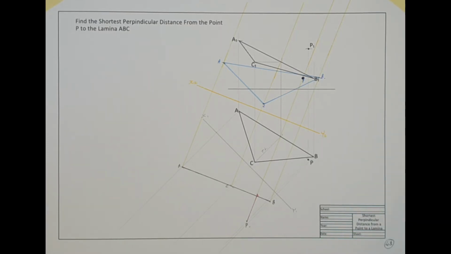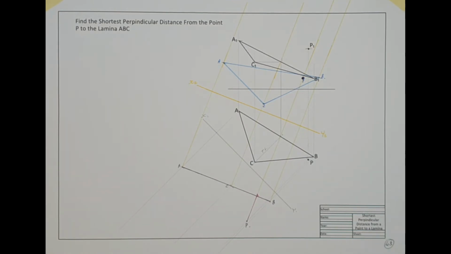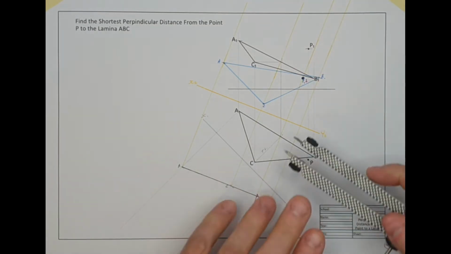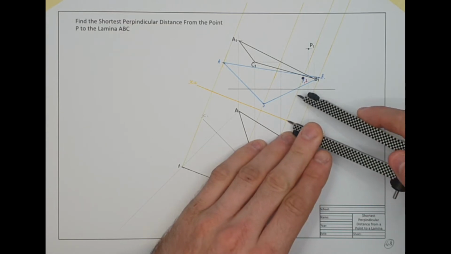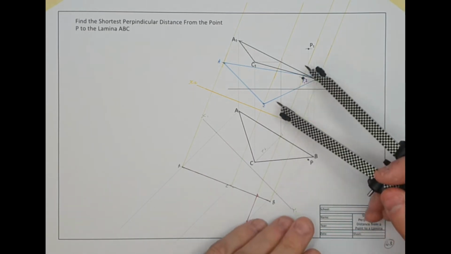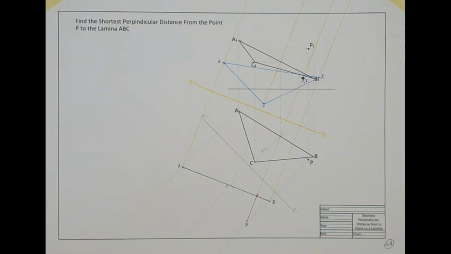What does that mean for us? That means that I can take the distance back to, I'm going to call that P and 2 there. If I just put the two labels on it, P, comma, 2, I can take the distance out there to P and to 2. Okay, and I can bring it back from point 2. So I need to take my original projection angle right here. Just use sliding set squares for this one.